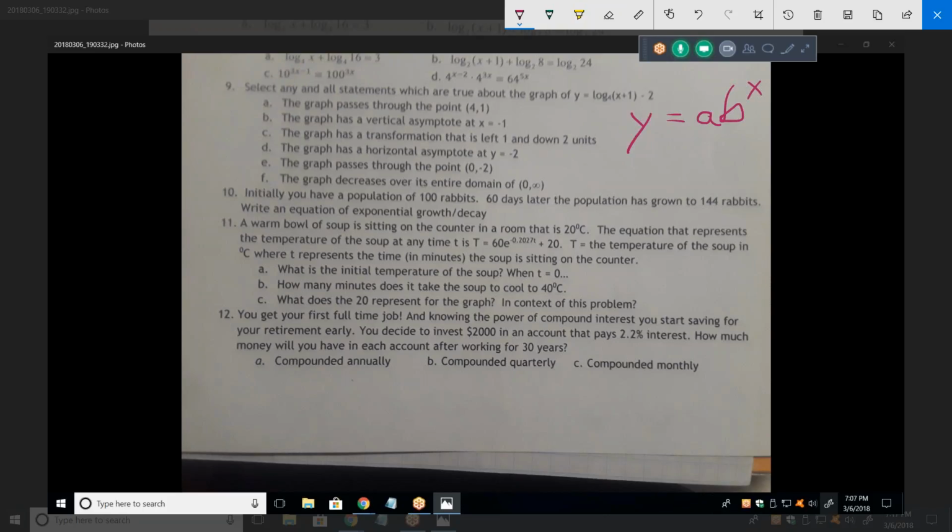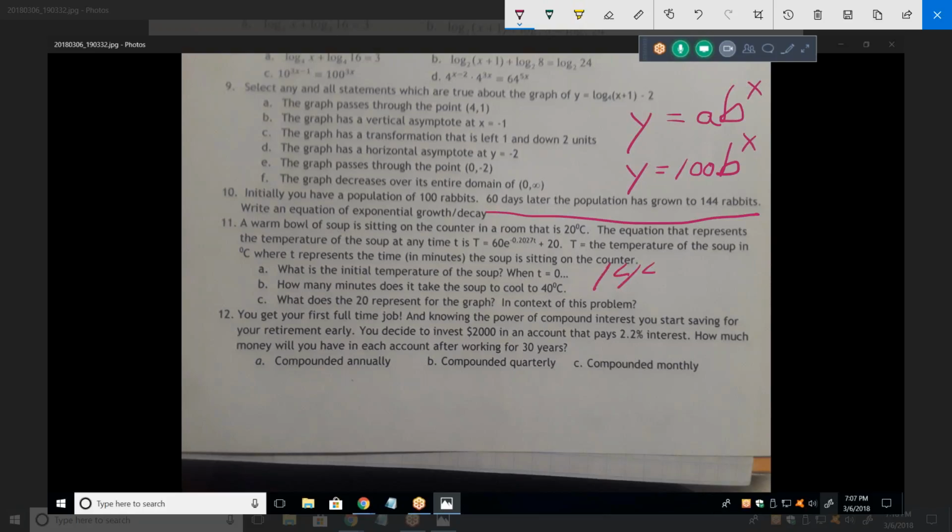Okay. So what do we know? So A is 100. Okay. And what we don't know is B. Right. But what does this mean? So X is 60, right? And Y is 144. Okay.